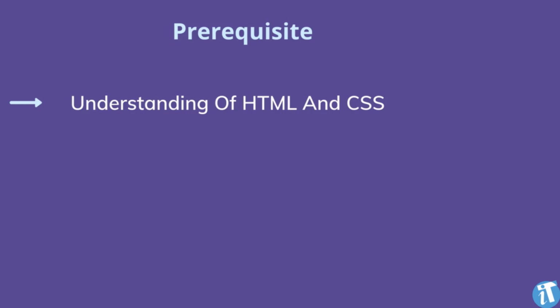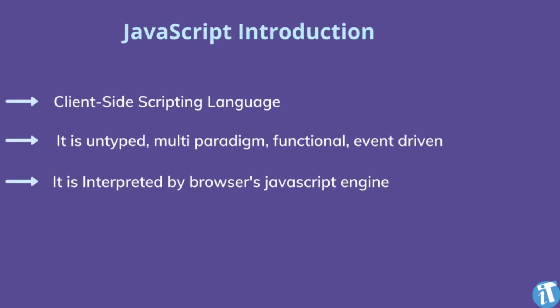the interactive web page. Now, as I just said, it's a scripting language, but if I add something more, I will say it is a client-side scripting language. Client-side means whenever you execute JavaScript on a web page, the complete execution will happen on the client side only.